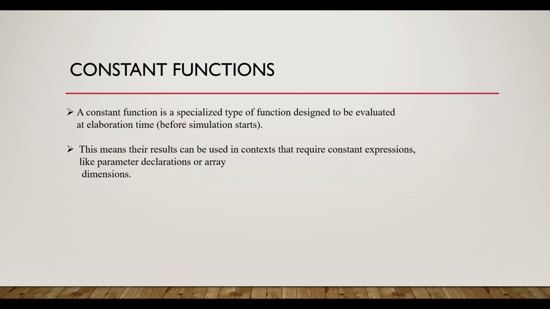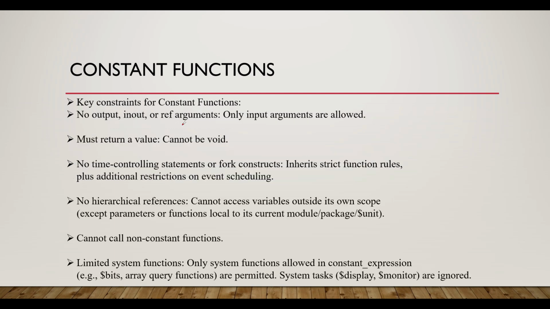But here you can see elaboration time, which means before your simulation starts. So a constant function is a specialized type of function designed to be evaluated at elaboration time. This means the result can be used in contexts that require constant expressions, like parameter declarations or array dimensions. Our concern is to make things constant, and that's why we use a constant function.